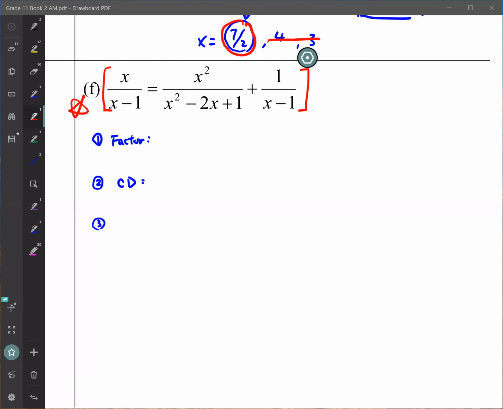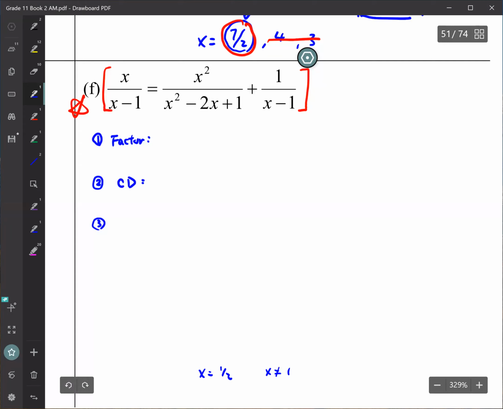Then Aaron, what's your answer? Final answer? X is 1/2. And restriction is what? 1. Cannot be 1. Okay. Colin, how about you? I got the same thing. Same thing. Okay.